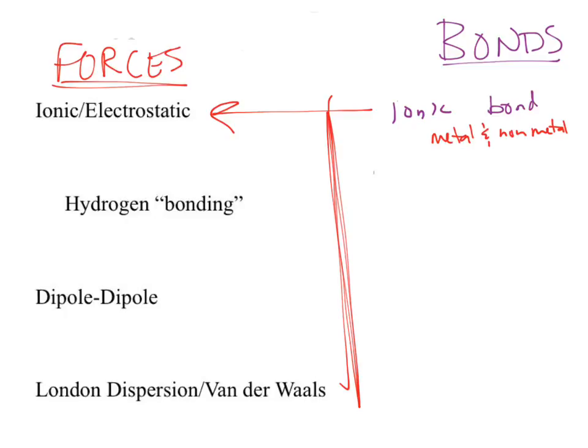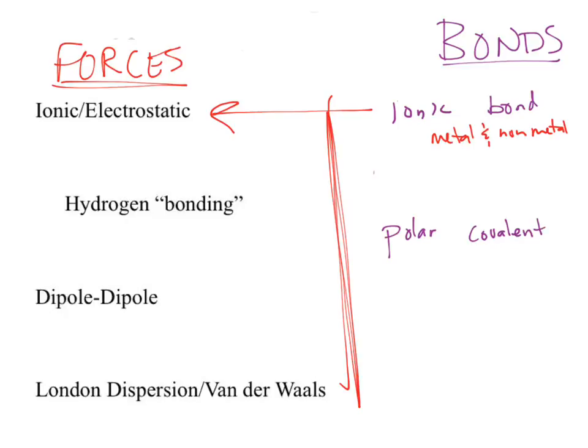After we've got ionic bonds, what other type of bond do we have? Bond. So London dispersion is a force, not a bond. I know. We have polar covalent, which is not a bad one to come up with because it is a perfectly valid bond classification.